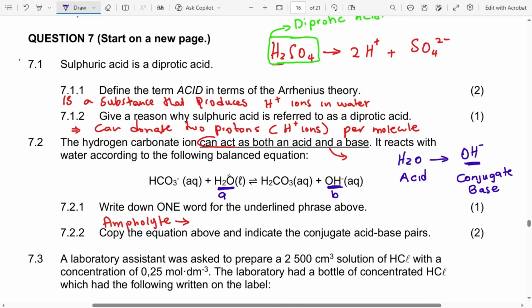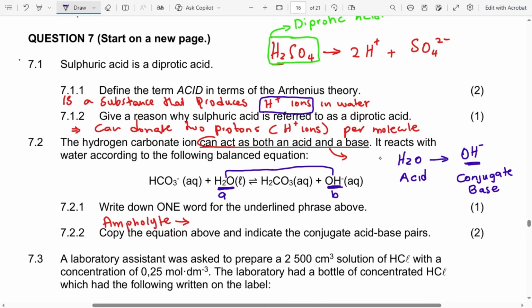These two go together, but you need to understand which one is the acid and which one is the conjugate base. Remember, acid is the one that donates the hydrogen ion, the one that gives away the H plus. Okay, so we know that one.